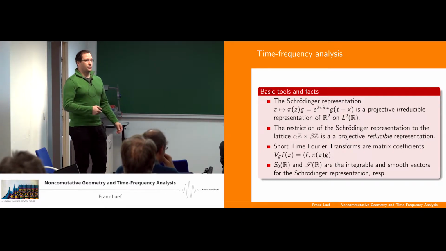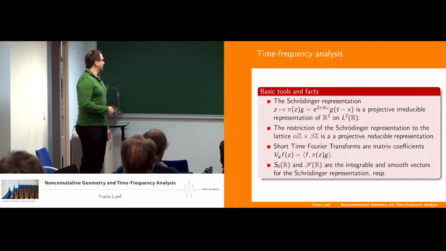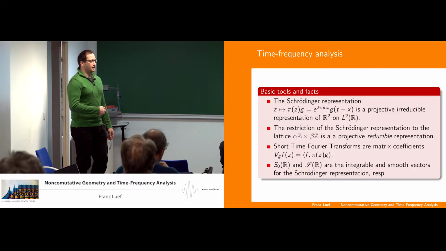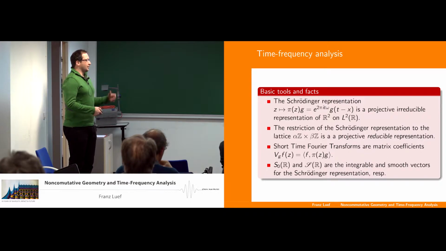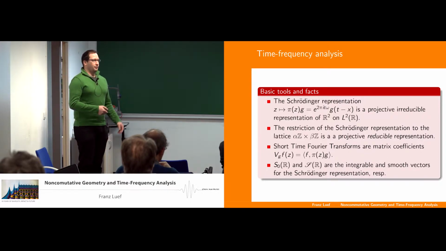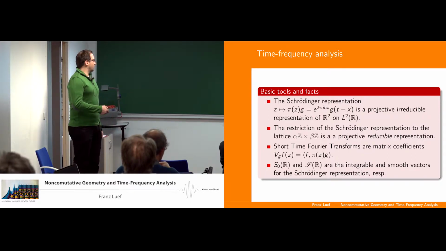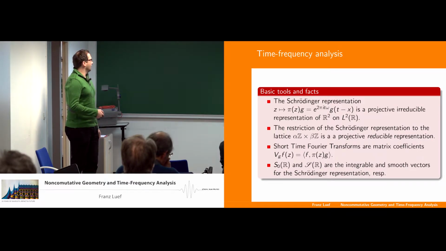It gives you the twisted convolution, which is a crucial thing in this whole business. But if you restrict it to a lattice, let's say this lattice alpha Z times beta Z, then you actually just get a reducible representation. So you get something non-trivial in the commutant of the algebra generated by those time-frequency shifts, and that's going to be the reason why you have this nice structure.